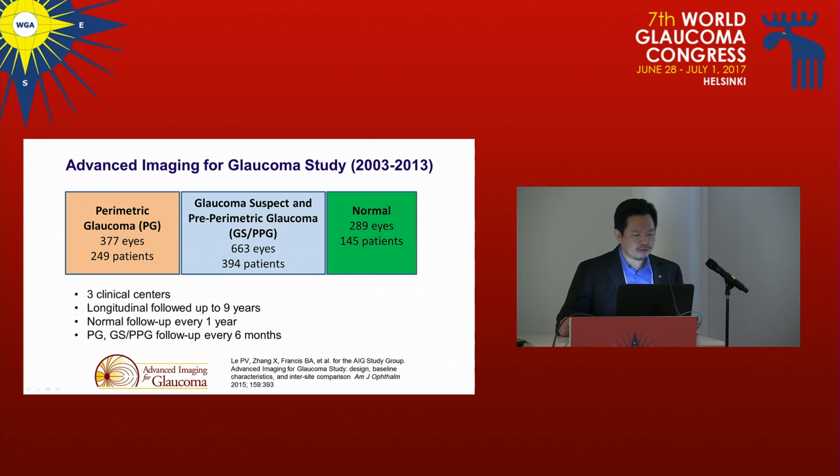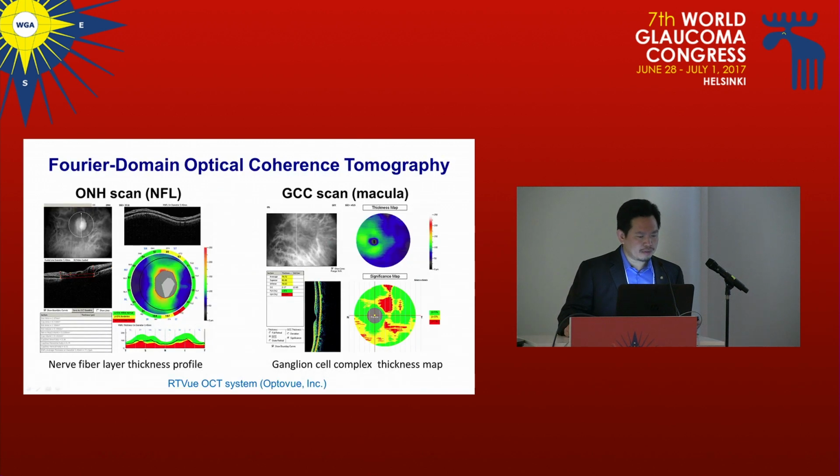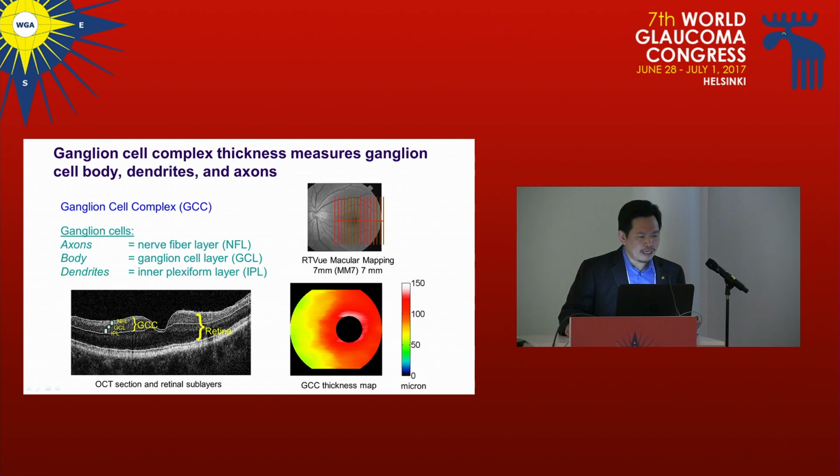The normal subjects will follow every year, and the patients will follow every 6 months. And this study used Fourier domain OCT, specifically the Optovue OCT system, and it measures 2 scans, the optic nerve head scan, which gave us disc parameters as well as nerve fiber layer map, and a macular scan that provides ganglion cell complex map.